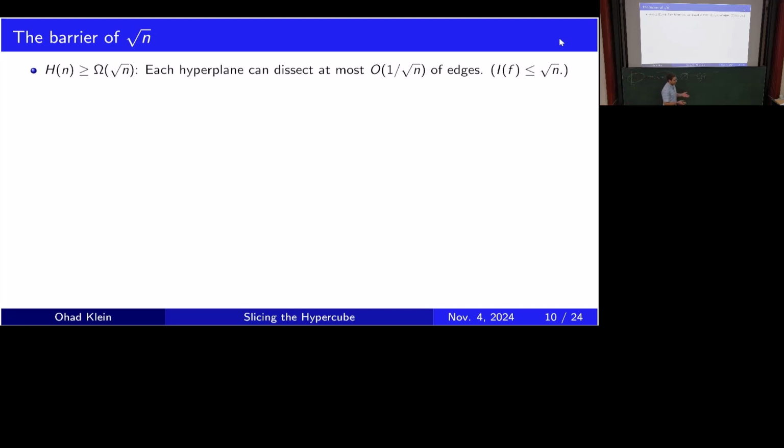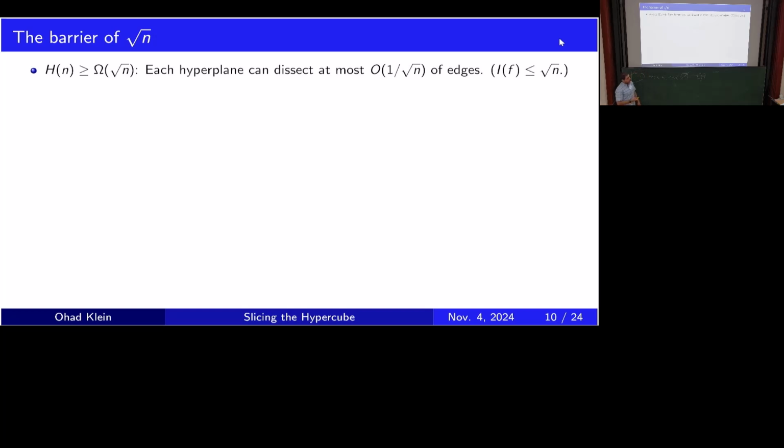This is clear that you must use square root of n hyperplanes to dissect all the edges. The proof of this proportion of edges is equivalent to the fact that the influence of threshold functions is bounded by square root of n, or even the influence of monotone Boolean functions is bounded by square root of n. This is exactly the same thing.